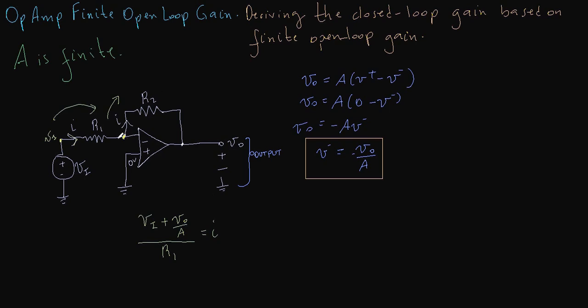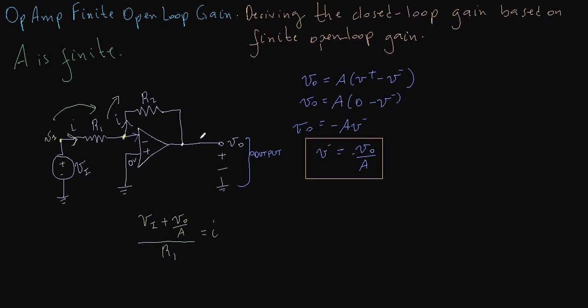So now that we know the current flowing here, and we know that no current flows into here because this has infinite input impedance, all the current must flow through the resistor R2. So now we know the voltage at this node, we know the current through R2, and we want to calculate the voltage V naught.